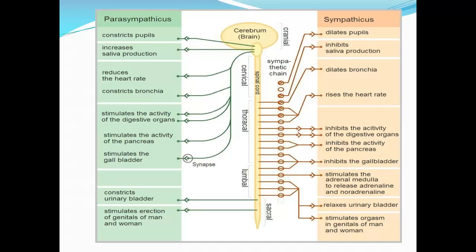So when the adrenal medulla is stimulated by the sympathetic nervous system, it causes the secretion of epinephrine and norepinephrine. Notice that there is no corresponding parasympathetic innervation to the adrenal medulla.